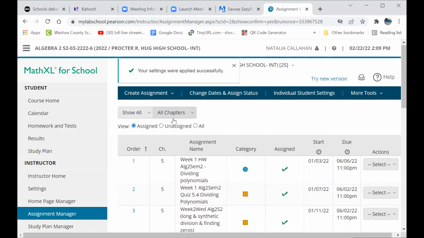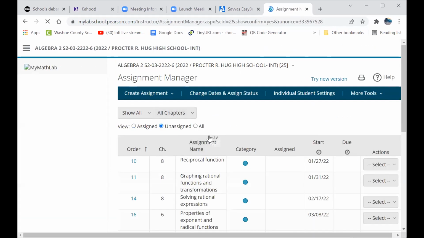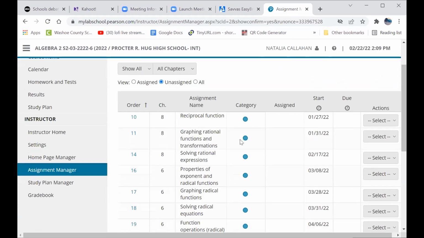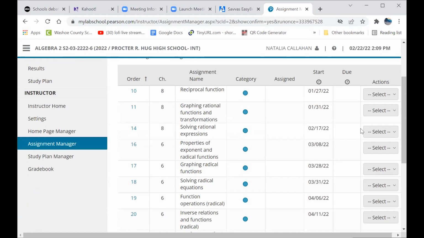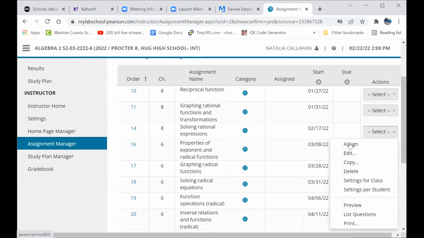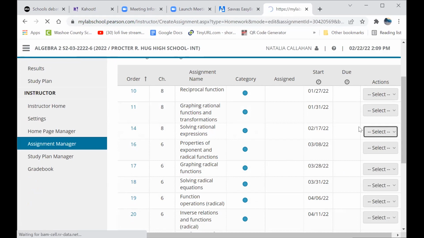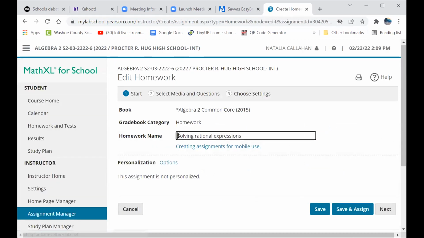Okay, so then week 8, we're going to talk about solving rational expressions. So I'm going to go ahead and edit this so you guys have that. So week 8, Algebra 2, Semester 2, solving rational expressions, and then this will be your homework assignment for this week.